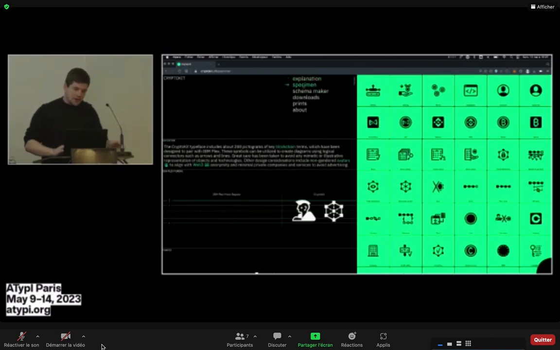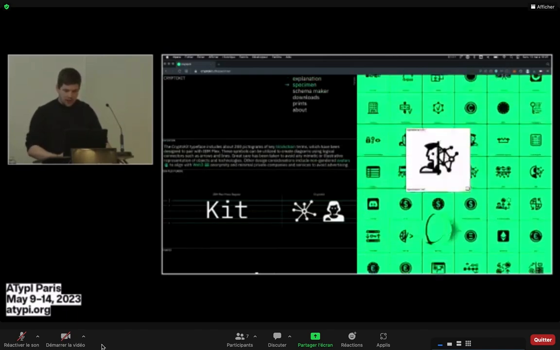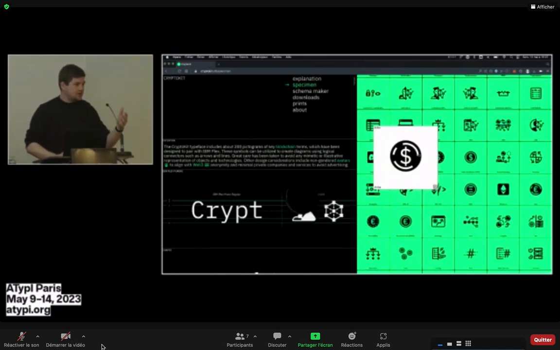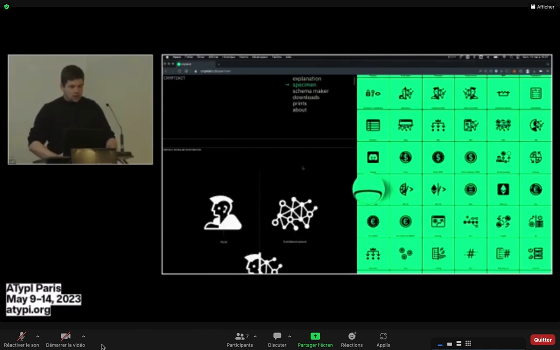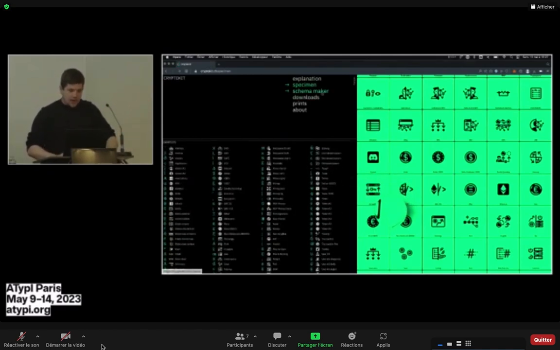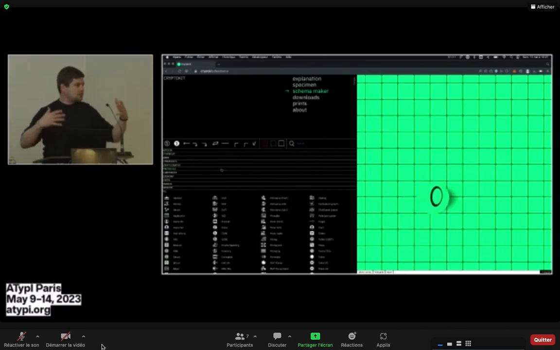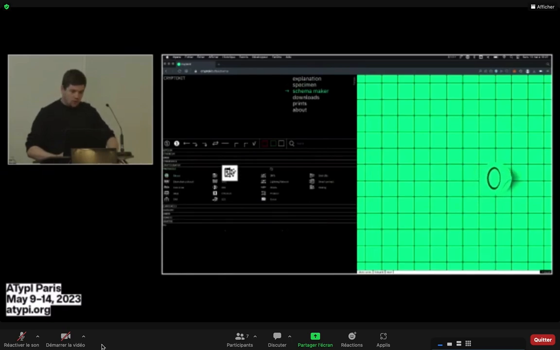On the side, of course, you will find all the specimen elements, completely ordered, that you can directly copy and paste. What we display is the typeface, not SVG. All the elements that we already presented to you, and most important is this schema maker. It's an element with a pedagogical idea, to build your own diagram.